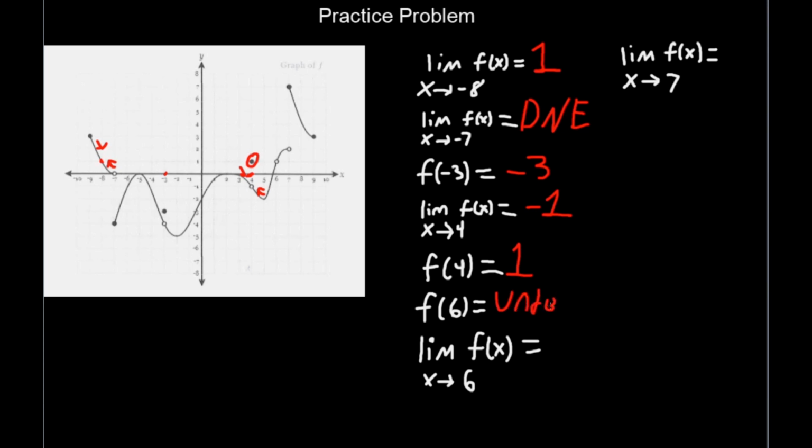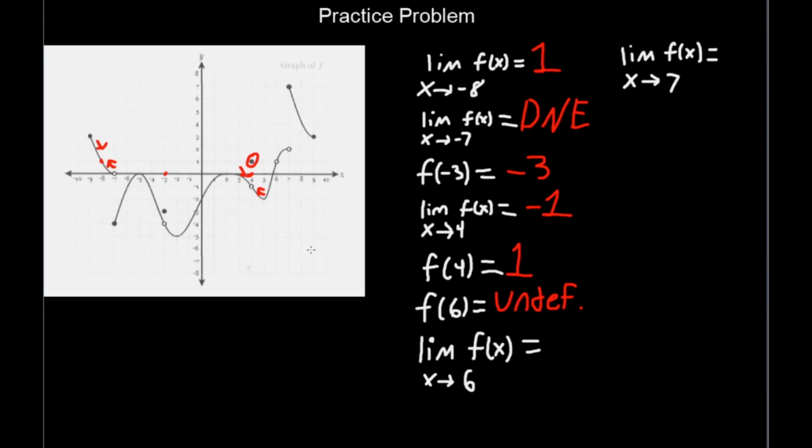I'll write "undef" there, that's how we like to abbreviate it sometimes. So that's undefined because there's no solid point for this to equate to, and since we don't like holes, it's undefined. There is no proper value for this to exist at, so the f of 6 is undefined.